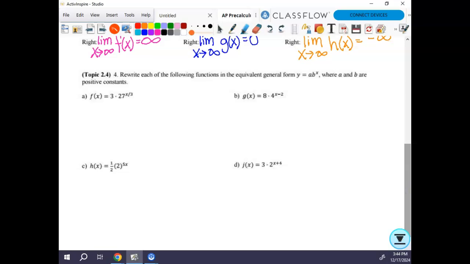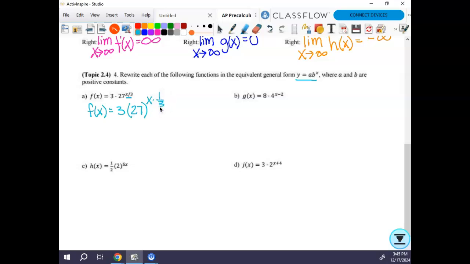Now we are going to rewrite some in to get this form where a and b are positive constants. So this is being multiplied, or I can rewrite this. That might help some of you if I rewrite it as f of x equals 3 times 27 to the x times 1/3 power.